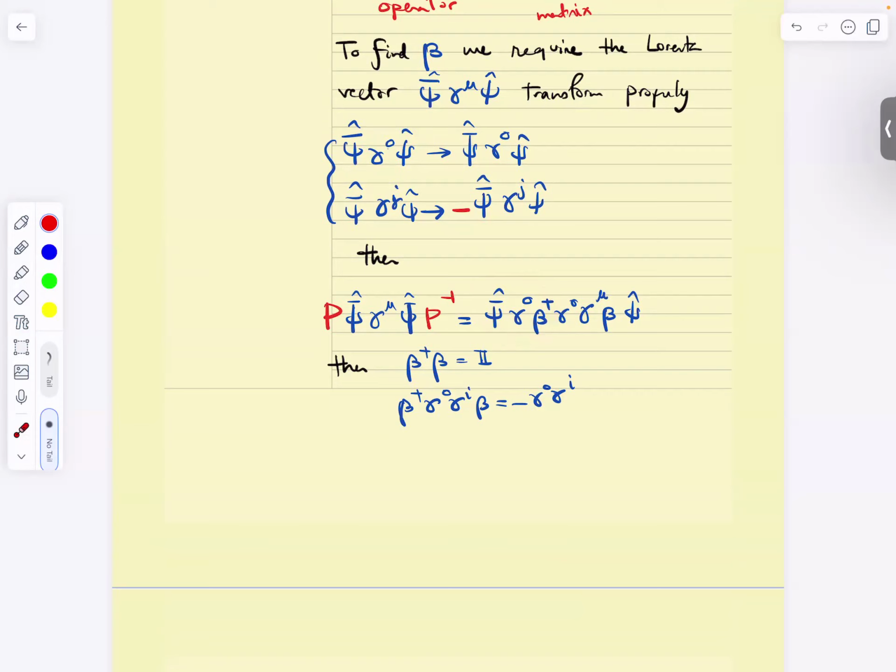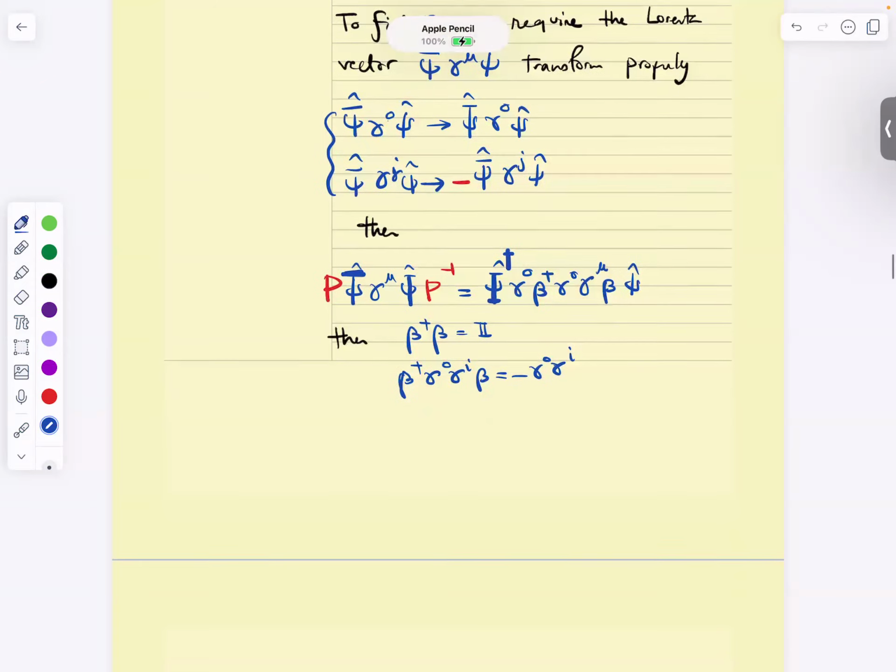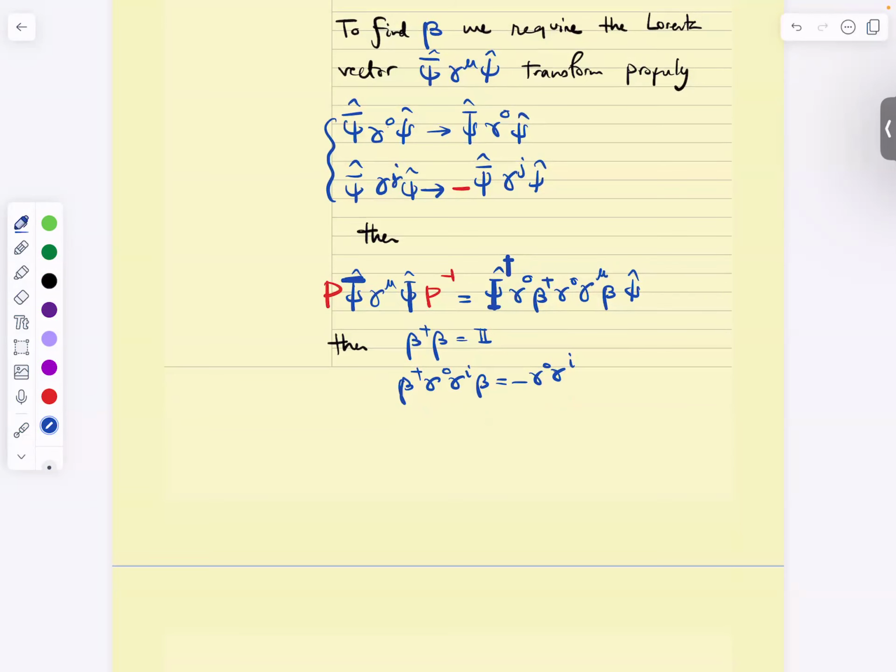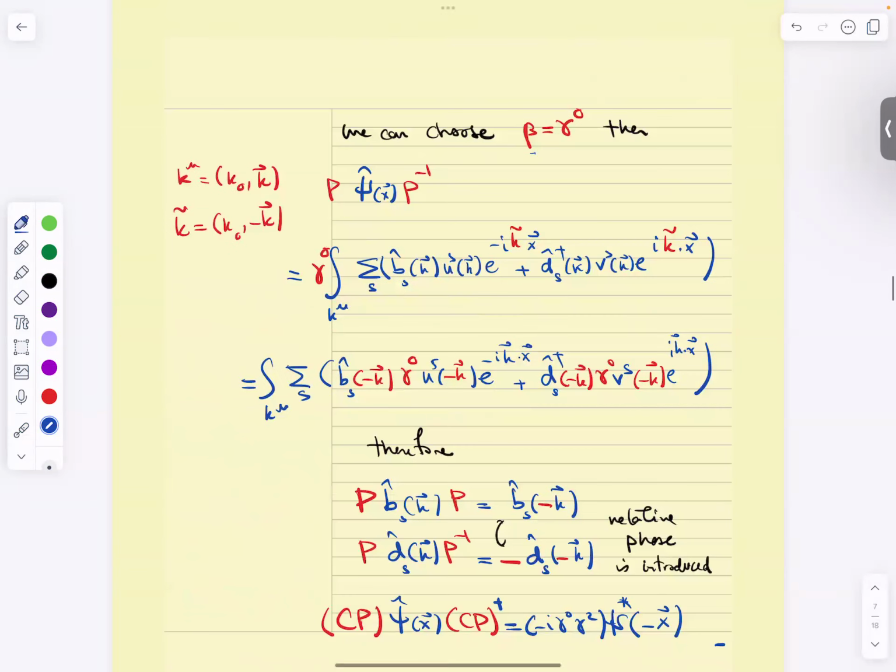There's a mistake here. I think the mistake is that this is bar and this is psi dagger. That would be sensible, except that I have an extra gamma naught here. All right, I'll figure this out next time. From the transformation of the vector, you could deduce that this beta is gamma naught. So this is gamma naught.